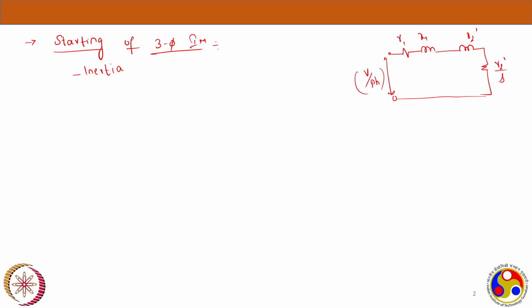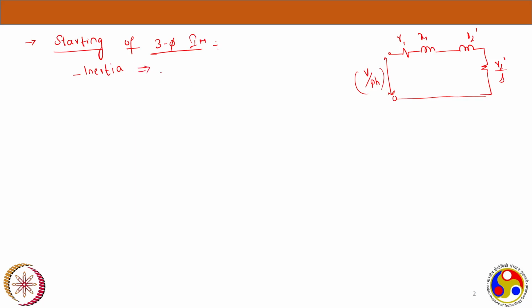Now, since our machine has not started and we have given the supply and it has to run now, due to its inertia it has not yet started. So now it has to overcome that inertia in order to rotate. At that time, how much current will it draw?